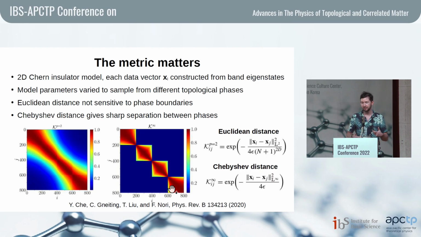And the reason why this modified metric is much better is because it is more sensitive to the band inversion which occurs when you have a topological phase transition, whereas the Euclidean distance is biased by all this irrelevant information coming from eigenstates which are not participating in the band inversion.